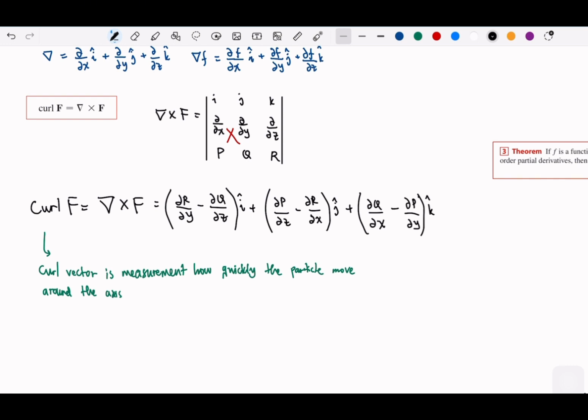Which means that it is free from rotations. And how it moves basically depends on the vector fields, the directions, I mean.